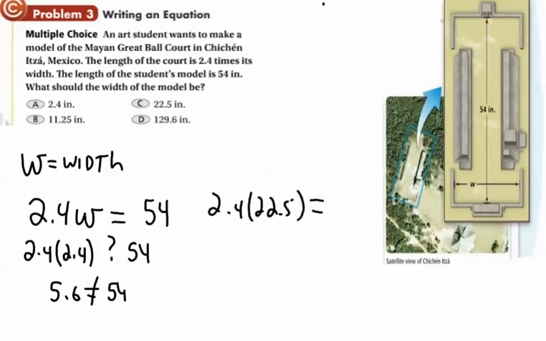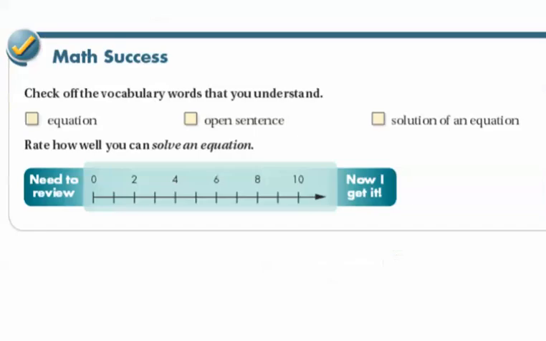Is this equal to 54? Let's try 2.4 times 22.5. This is 54, is equal to 54. I got it. That works. That checks. So my answer is C. You have a guy who wants to take some time, probably 2 minutes, you got it. And I'll see you back here in a minute to wrap this up.